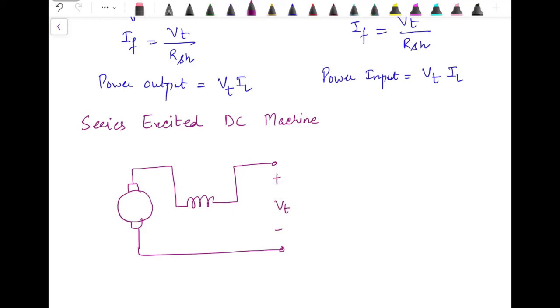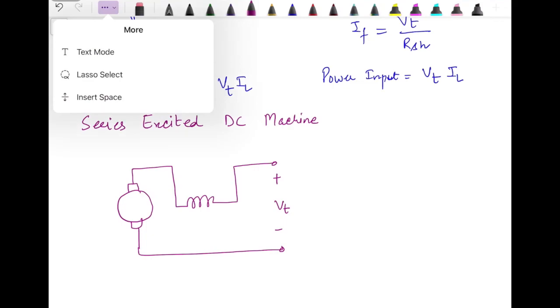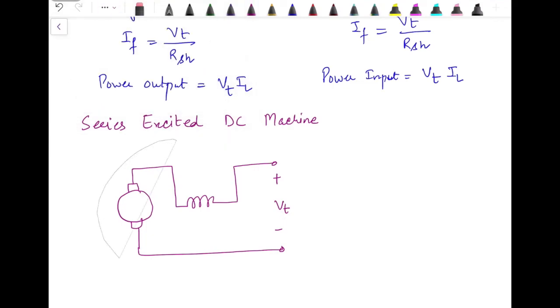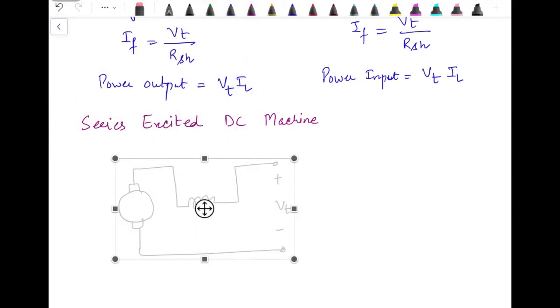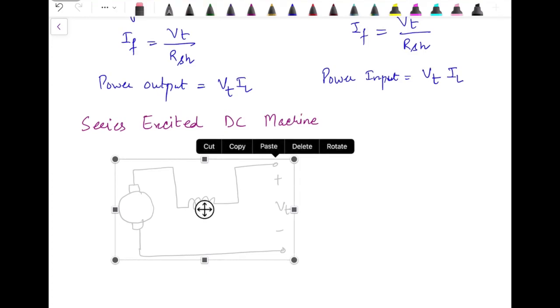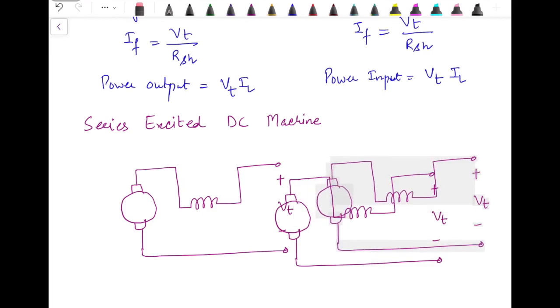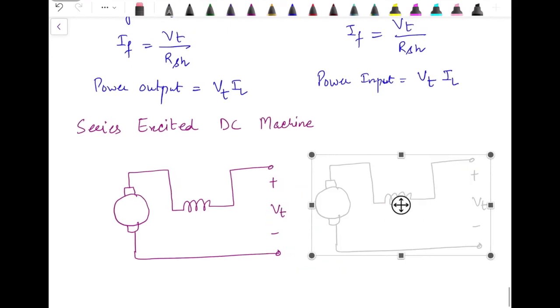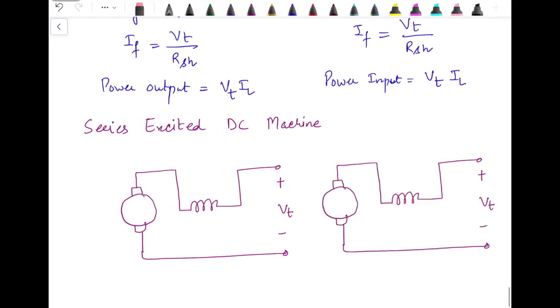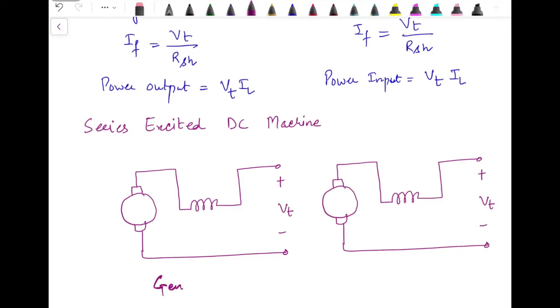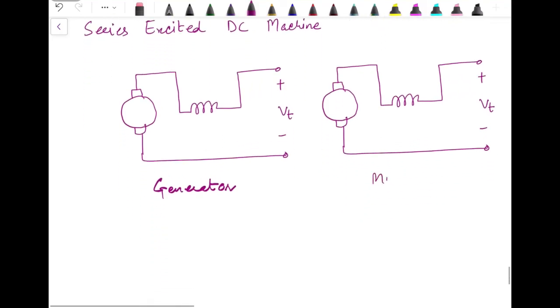Here we have the terminal voltage. Since they are connected in series, the different currents will have the same value. This one is for the generator and this one is for the motor.